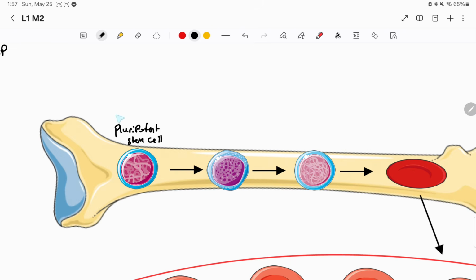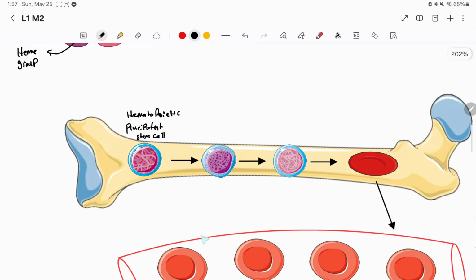Sometimes you might see it called a hematopoietic pluripotent stem cell. Either way, this guy will start differentiating to become a red blood cell through certain conditions, which we'll talk about in the next slide.